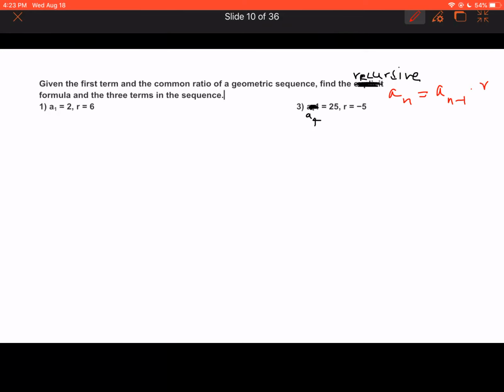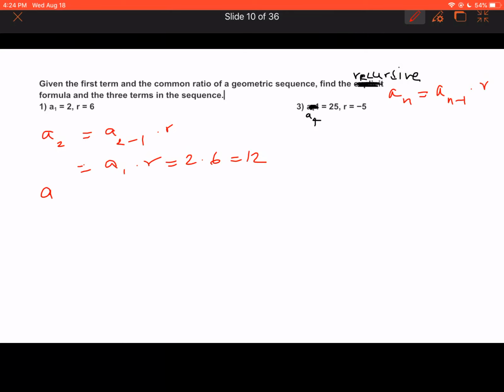So for example, they have given the value of a1 here, and we want to find the value of the next 3 terms. So a2 equals a_(n-1), that is a1, times r, which is 2 times 6, which is going to be 12.